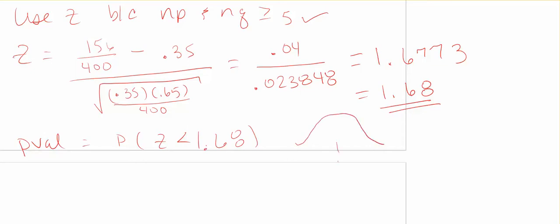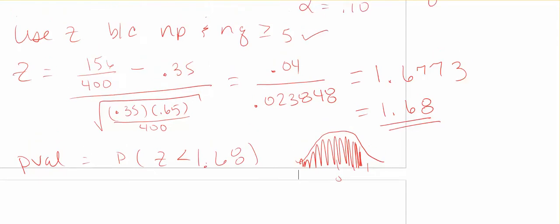So here's 0, here's 1, and here's 2. So somewhere here, in the direction of the Ha is less than. So the answer to this is way more than 50%, and I can see that by shading it. So I would fail to reject my null, because the p-value is way higher than the alpha level.